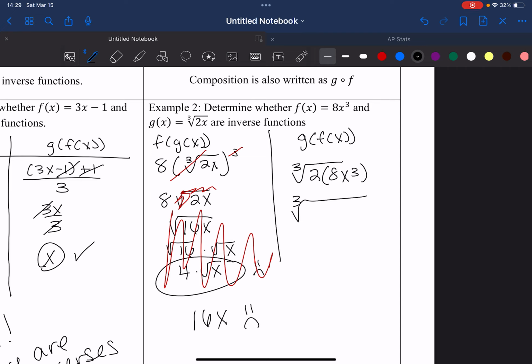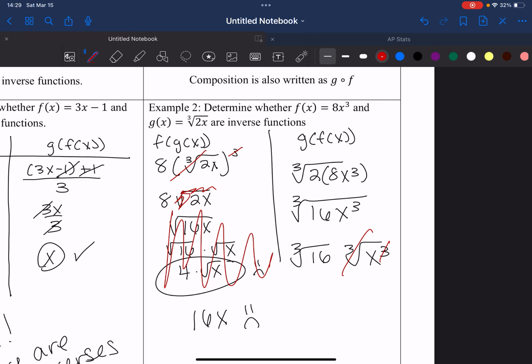So this is 16x cubed. The cube, let's see. This is the same as saying the cube root of 16 and the cube root of x cubed. These can cancel out. 2 times 2 is 4. 4 times 2 is 8.